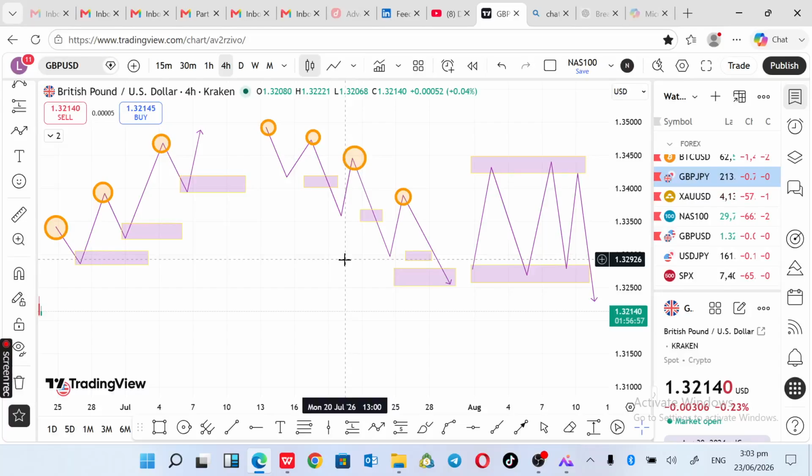That's how the ranging market is. It happens a lot inside the uptrend and the downtrend. Now it's up to you to know where and when to trade this market.